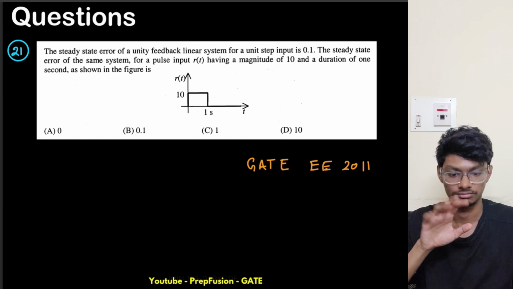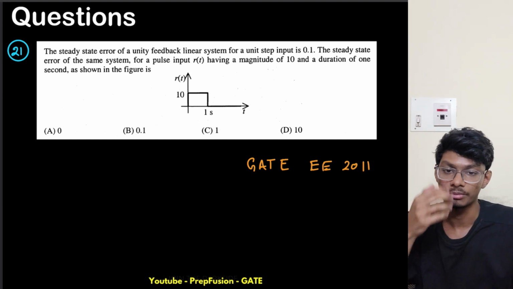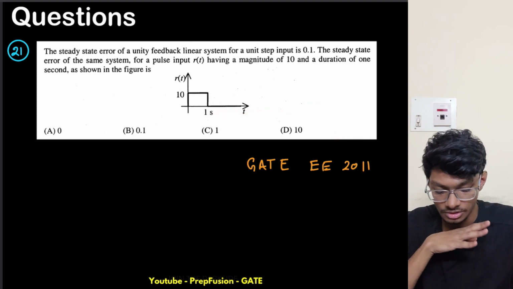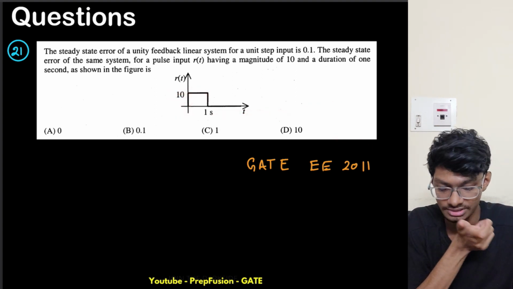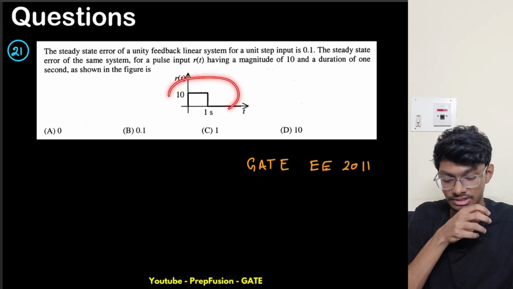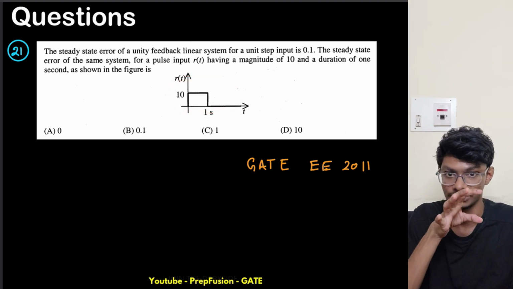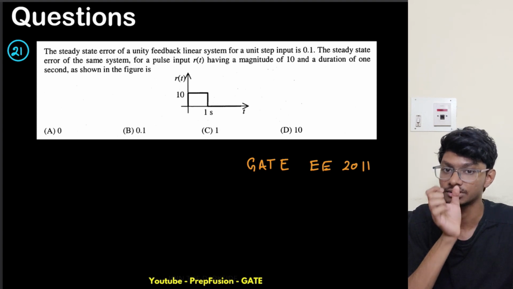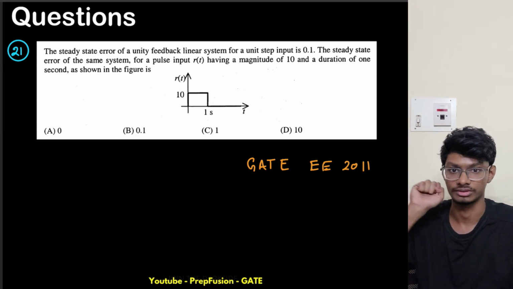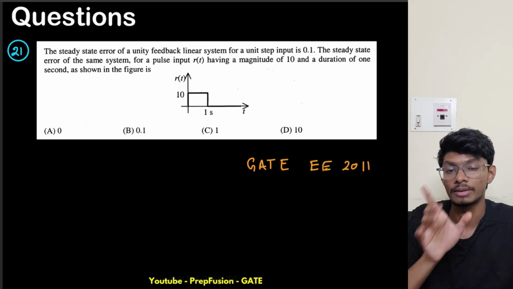Intuitively, if I am talking about the steady state error, I am at t equals to infinity, right? This input is just present for some transient state. So this signal is similar to an impulse, obviously not exactly equal to impulse, but similar, because I'm just applying it for some time, then taking it away. What happens to an impulse?